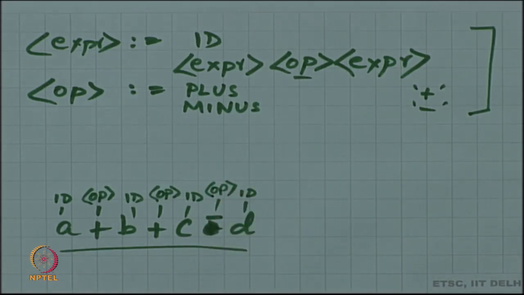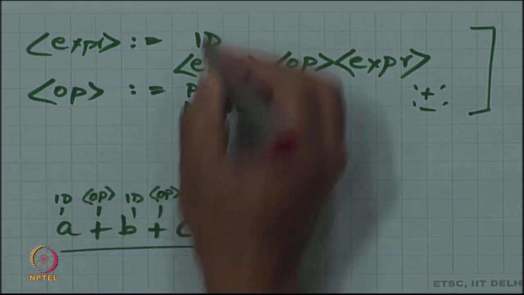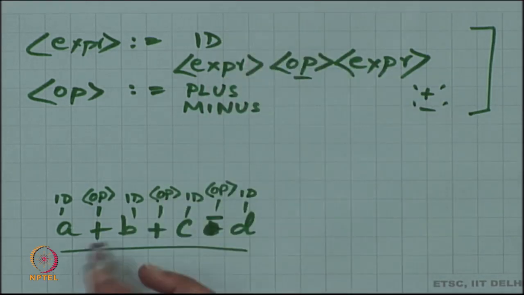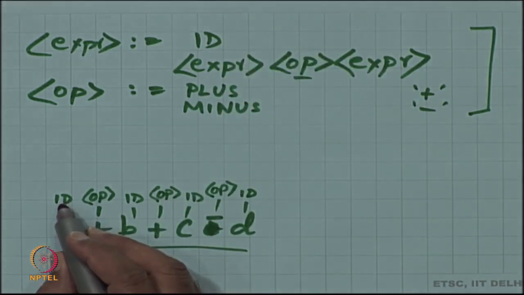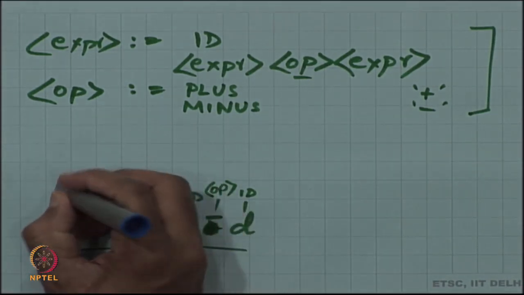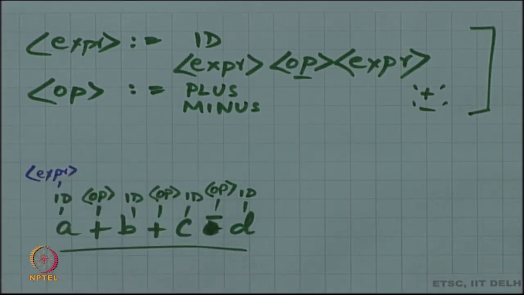Okay. Then let us proceed left to right, and finally, we want to recognize that this whole thing is an expression, right. So, that is the job of a parser. You see that this part means, expression being the simple identifier means that all of these identifiers can be recognized as expressions by themselves, right.